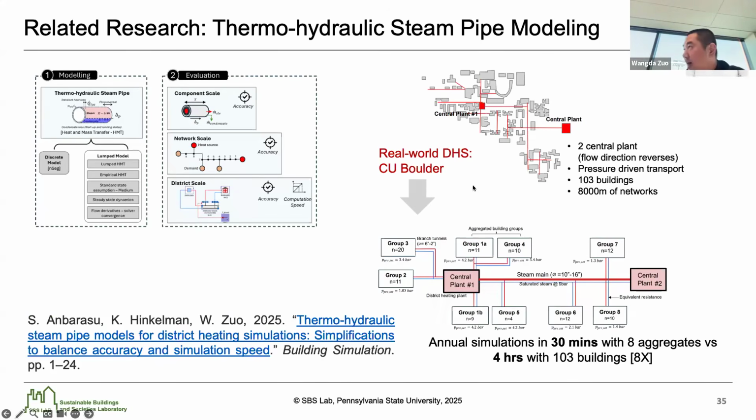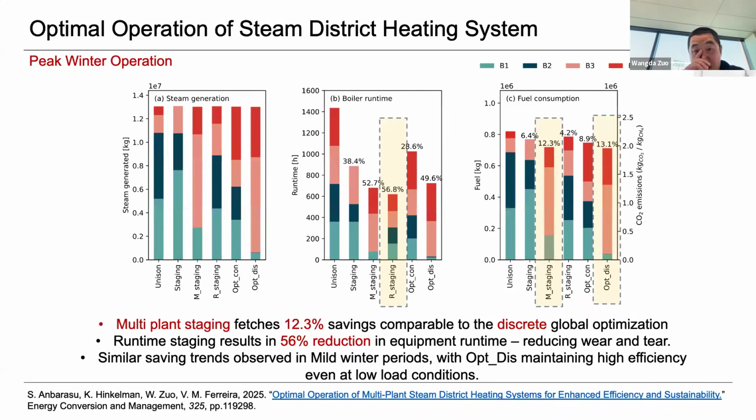And then when you have this digital twin, what is the usage of that? Sarania did another work trying to see how I can optimize the operation of my boiler plant so that I can deliver all the heating I need, but reduce the amount of energy I use and also reduce the runtime of my equipment.